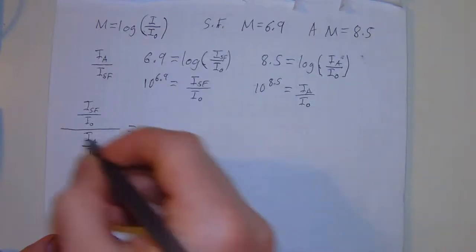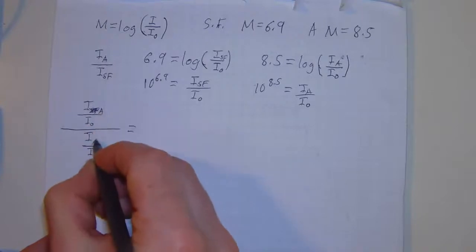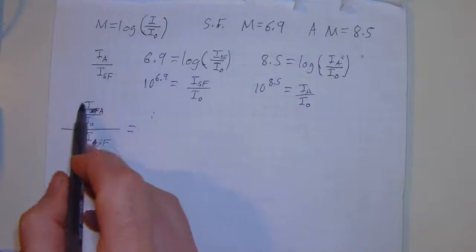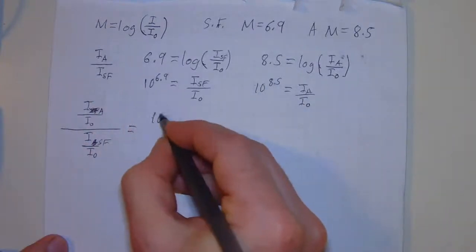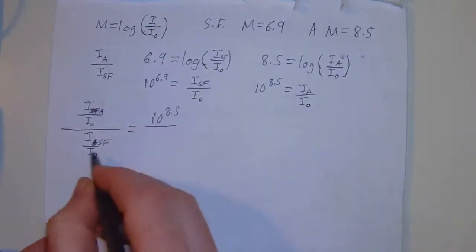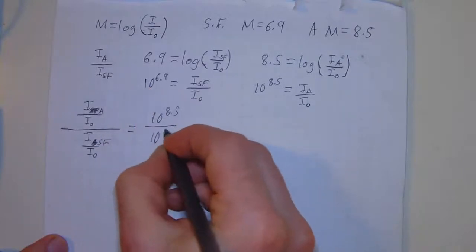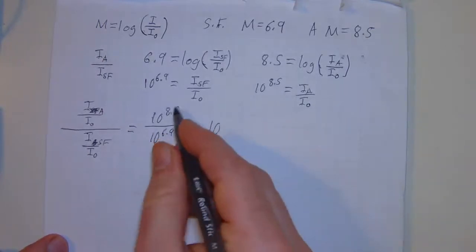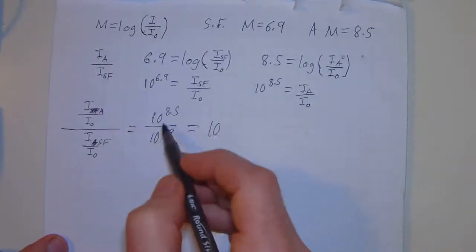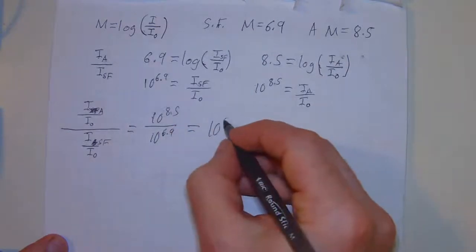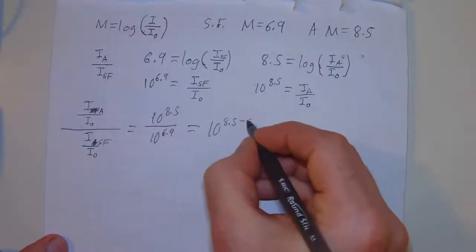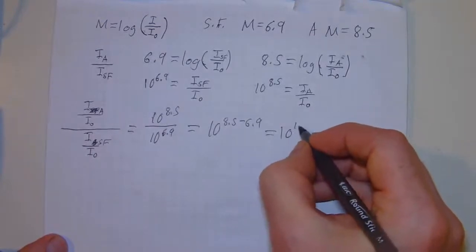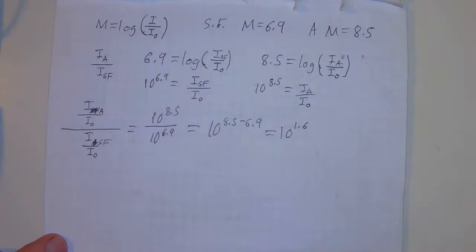So the top is, we know from this equation, 10 to the power of 8.5. The bottom we know from here is 10 to the power of 6.9. And we know, going back to grade 9 with our exponent rules, that if we have a division of two powers with the same base, we can just subtract the exponents. And that is 1.6 as the exponent.